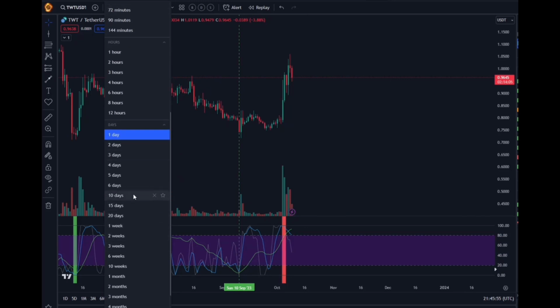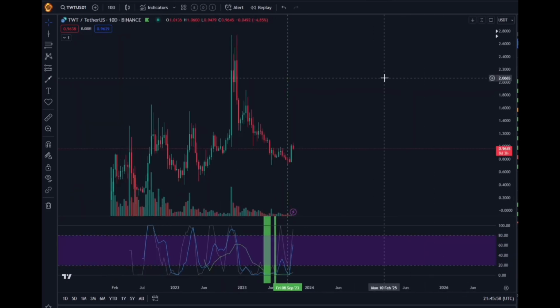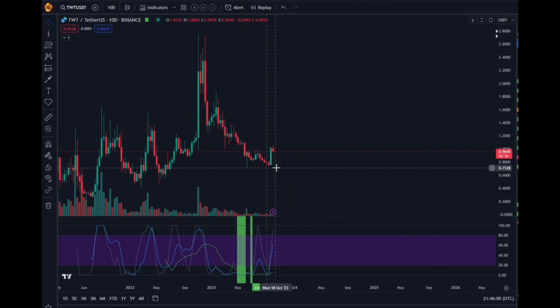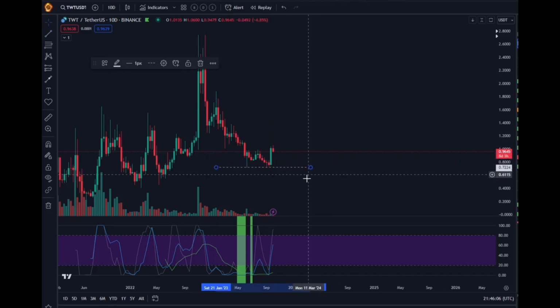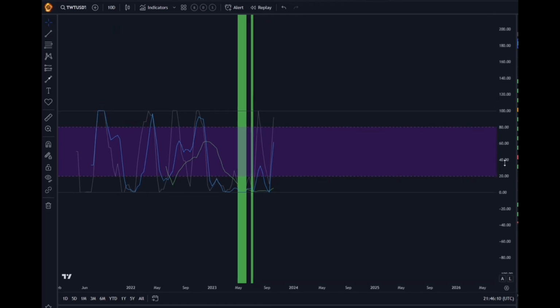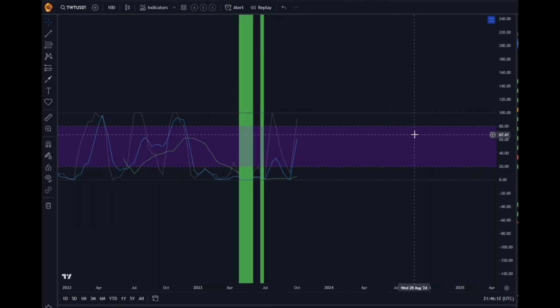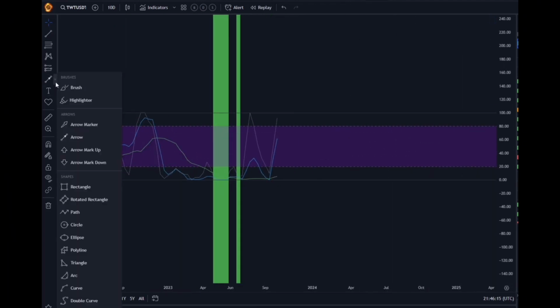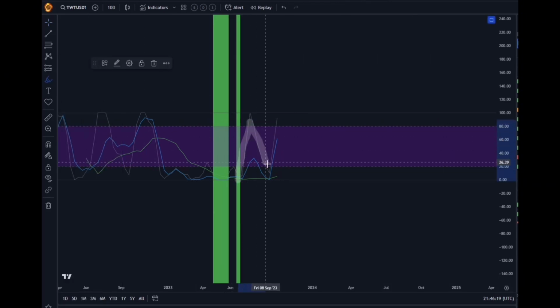Okay, and if we want to look at the 10-day chart as well for context, you would be seeing actually that this had a double bottom here. And this double bottom came with a very interesting shape that I like to see on the MTF, which is this gap close here. Let me just show you this one.